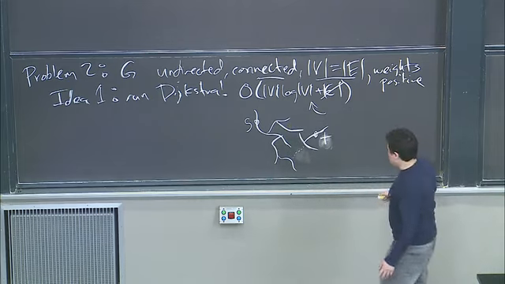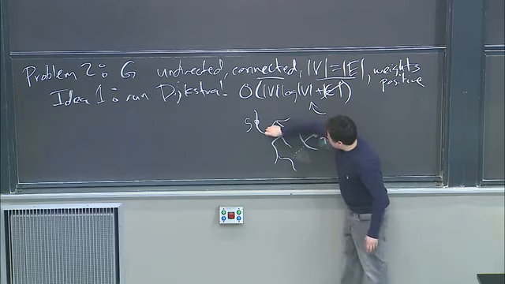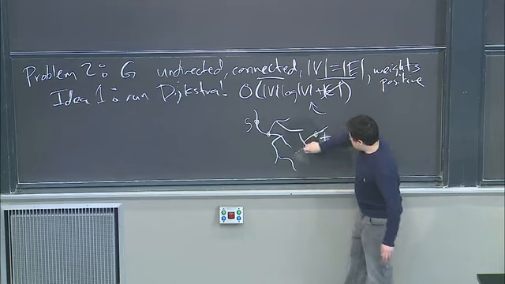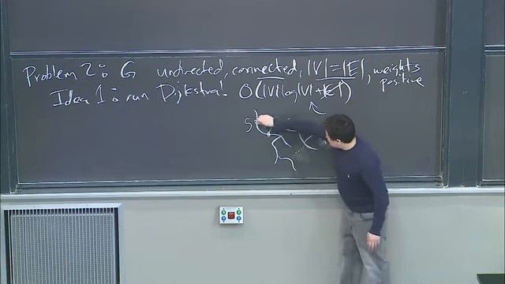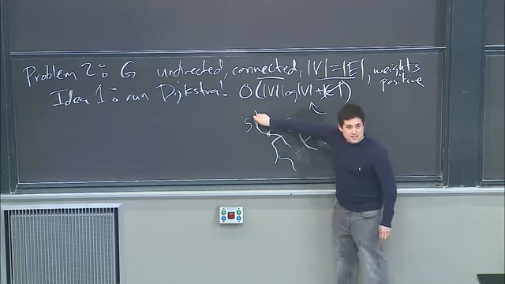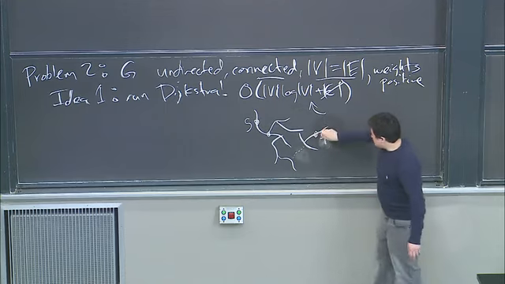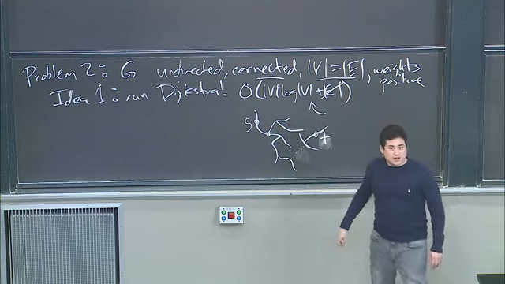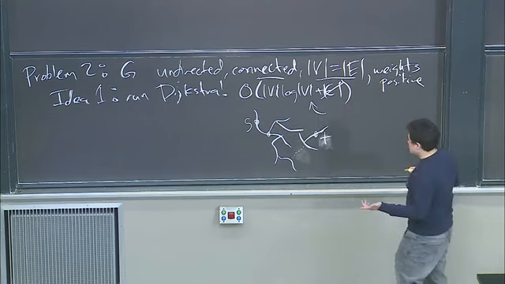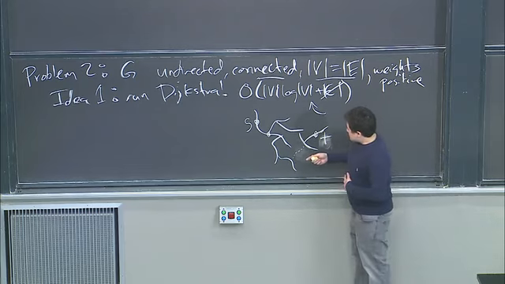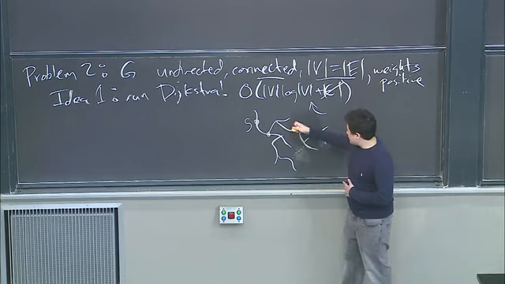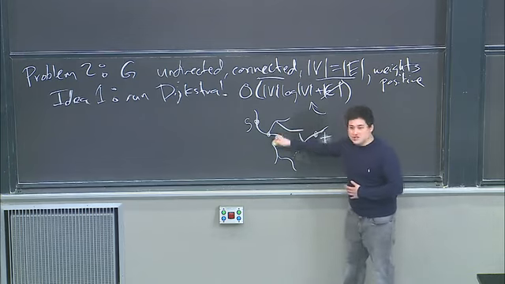That's the property. So this is the cycle. If this is the closest vertex to S, and this is the closest vertex to T on the cycle, then I could take either path around the cycle to get from one to the other, and that gives me my two paths. But these two paths are completely edge disjoint.